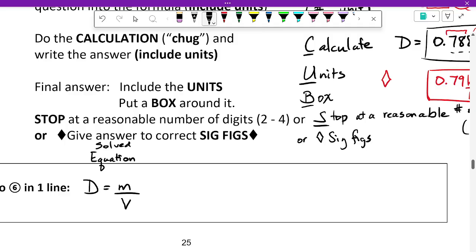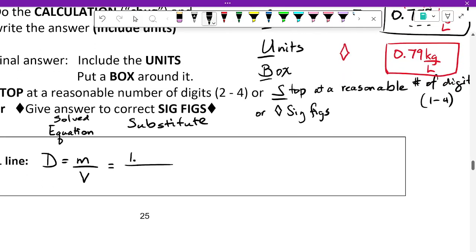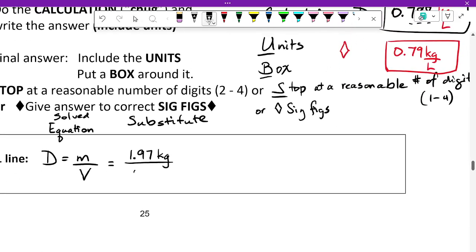So we have our solved equation, and then we substitute. And so that was 1.97, was it? 1.97. Not just 1.97, but 1.97 kg. And the volume was 2.5 liters. We substitute and then we calculate.